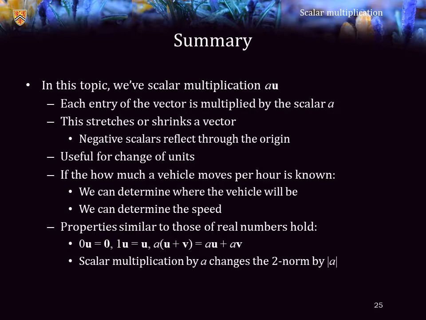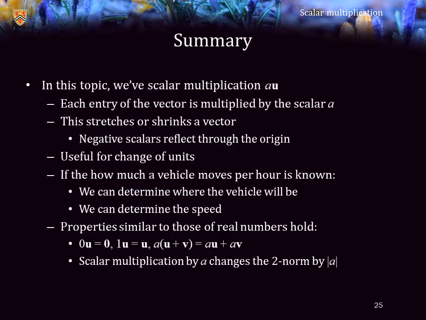Thus, in summary, in this topic we've described the scalar multiplication of a vector u by a scalar or real value a. Each entry of the vector is multiplied by the scalar a. This stretches or shrinks the vector, and if the scalar is negative, it will reflect the vector through the origin.